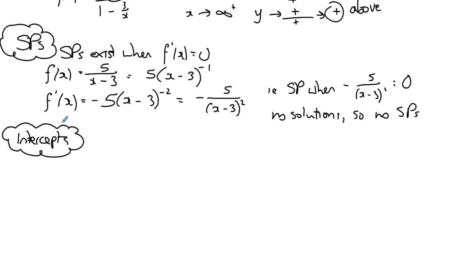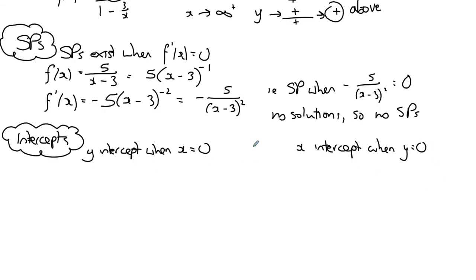And the last thing we want to investigate are any intercept points. Now, if you remember, I've got a little wee mantra, a little rule I always use, and you can write it down straight away. You can say y-intercept when x equals 0, and x-intercept when y equals 0. It not only communicates what you're doing, but it reminds you what to do.